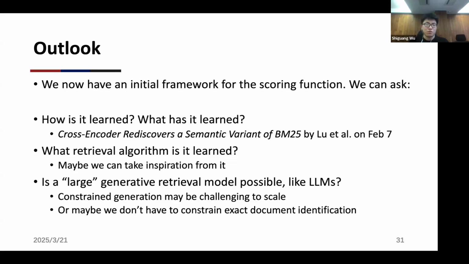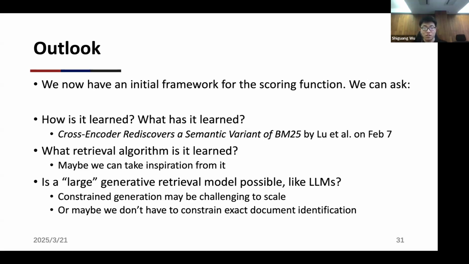So here's an outlook from our recent perspective. We now have an initial framework for the scoring function. We can ask a series of questions. First is about learning, how it is learned. What alignment matrices are learned, and how it evolves during the training dynamics. And here's another paper in February called Cross Encoder Rediscovered a Semantic Variant of BM25.